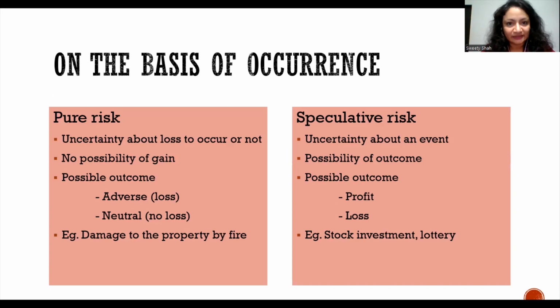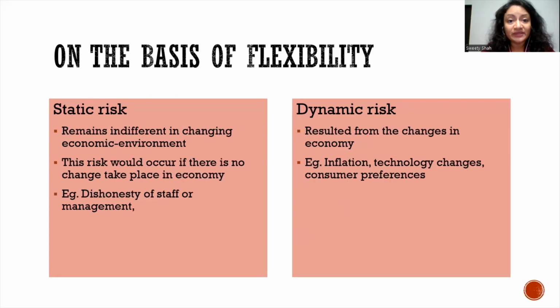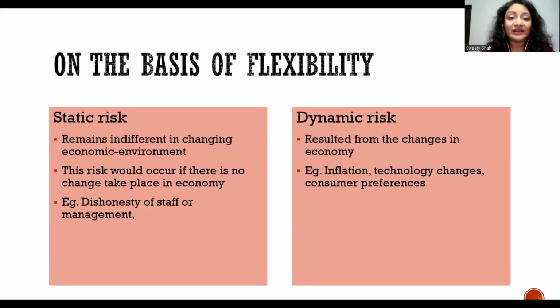The second category of risk is based on flexibility, where risk is bifurcated into static and dynamic risk. This is another way of classifying risk, and here risk is the extent to which uncertainty changes over time.